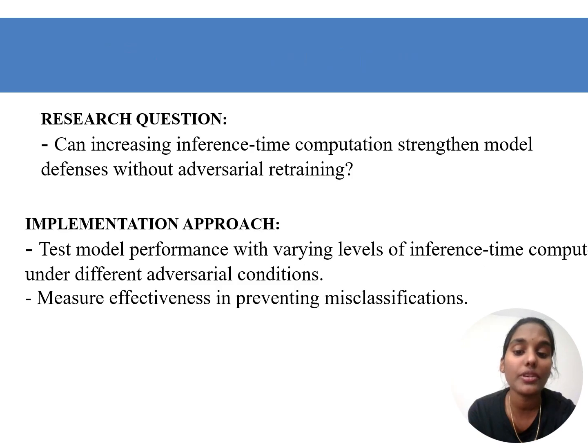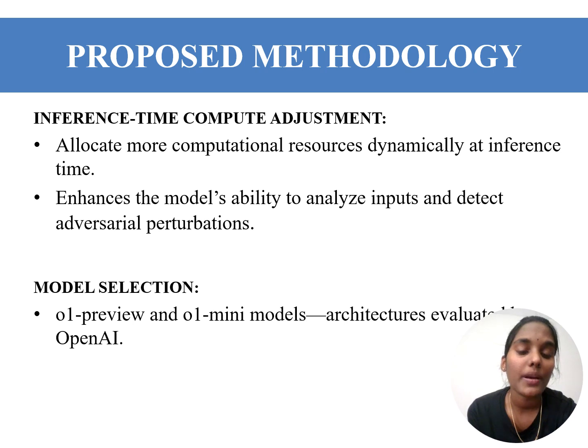Coming to the research question: can more computation at inference time, like more processing steps or deeper analysis, make the model more robust without needing adversarial training? Coming to the proposed method, inference time compute refers to the resources used when a model makes a prediction.